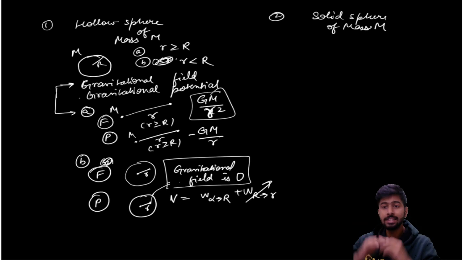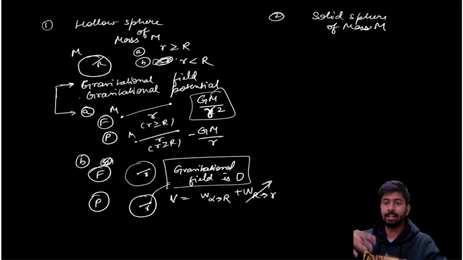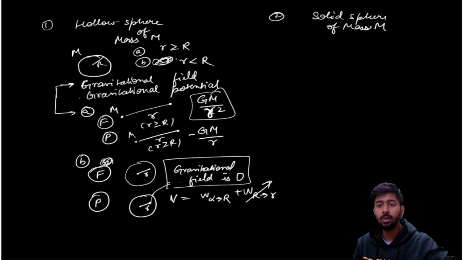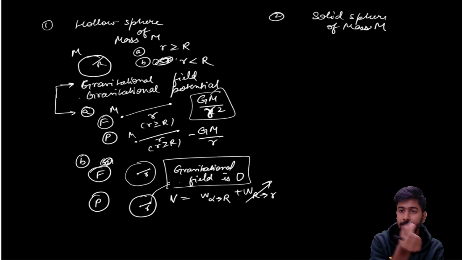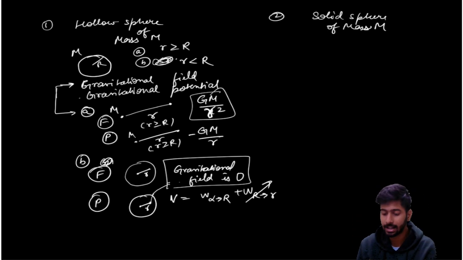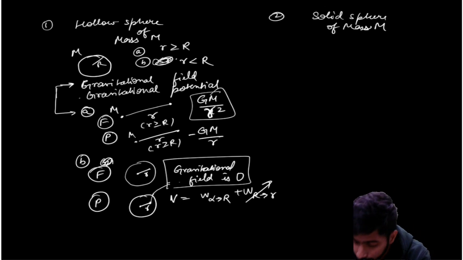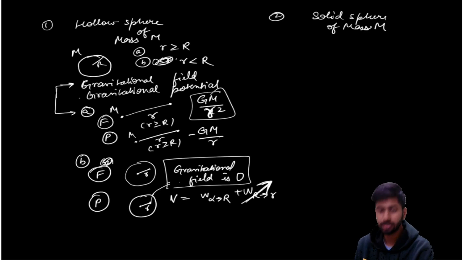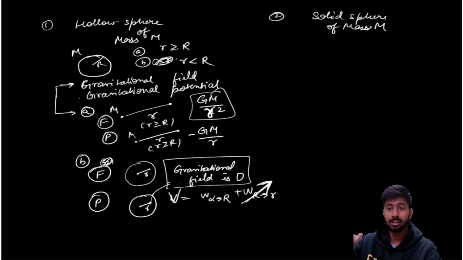If there is no field inside the sphere, then it hasn't got any force to oppose. So it was doing work against the gravitational field, but if inside the field itself is 0, why does it have to do any work? I can just take this mass and displace it without applying any force. I don't even need to apply any force. So this term will be 0. So simply the potential is the amount of work that is done to bring this mass from infinity to the surface only.